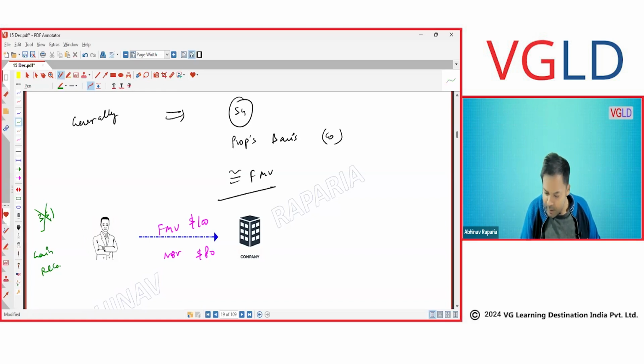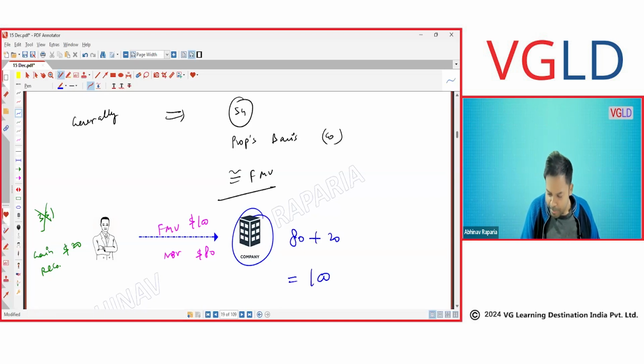If 351 is not there, I'll recognize $20. Correct. What is the company's basis? It is going to be 80 plus 20, 100.